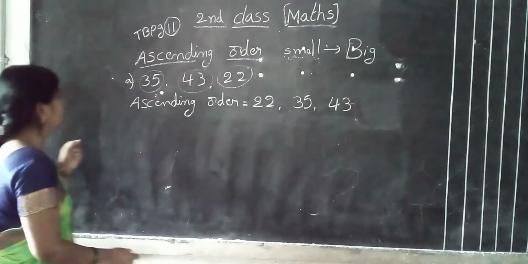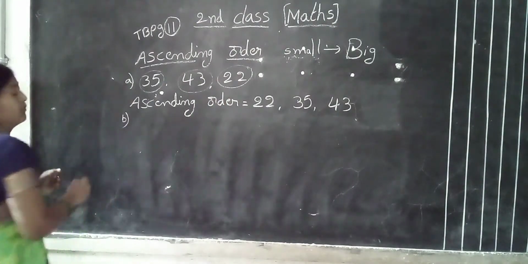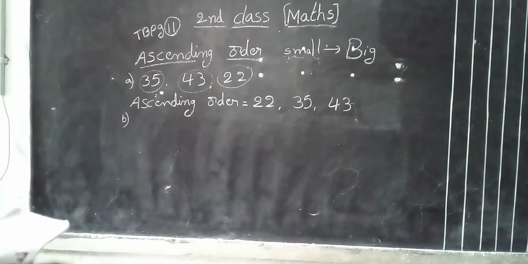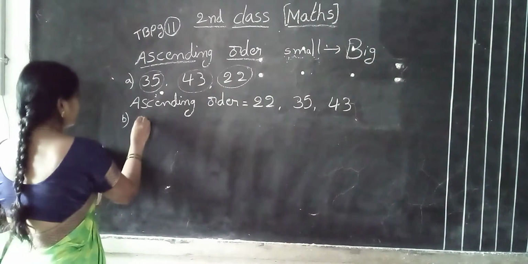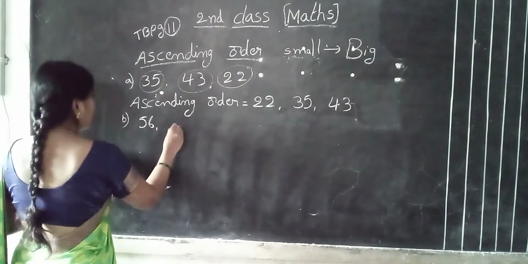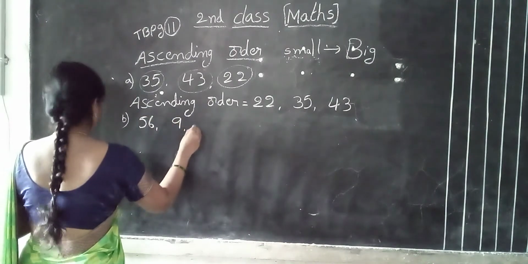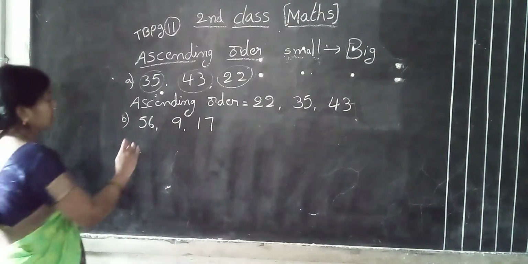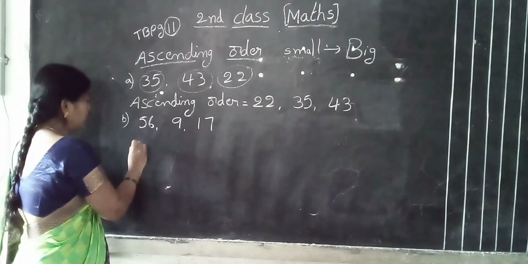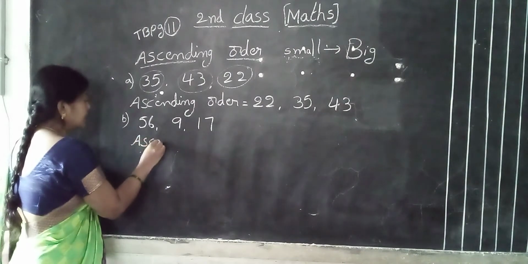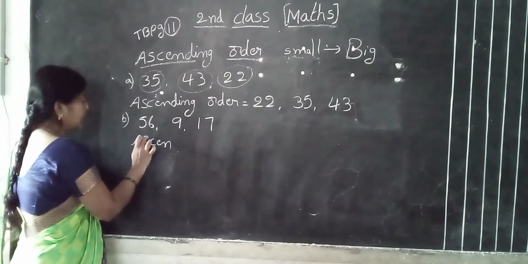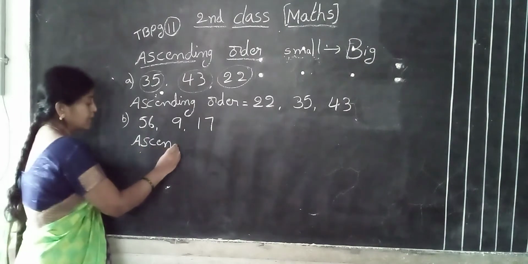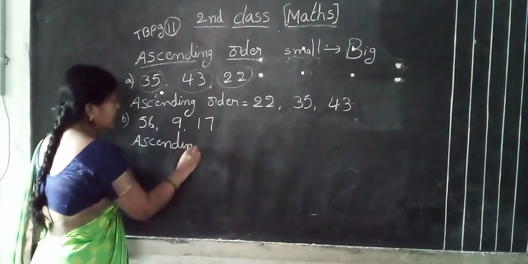Okay? Next one more sum. 56, 9, 17. So you write, children, the ascending order of these numbers. Spelling of ascending order is A-S-C-E-N-D-I-N-G.